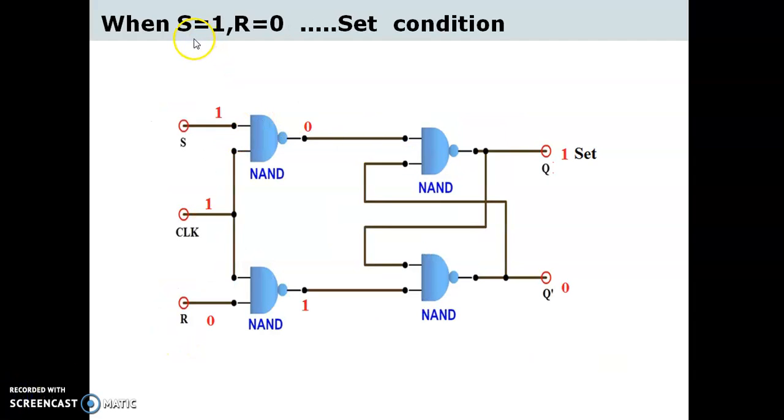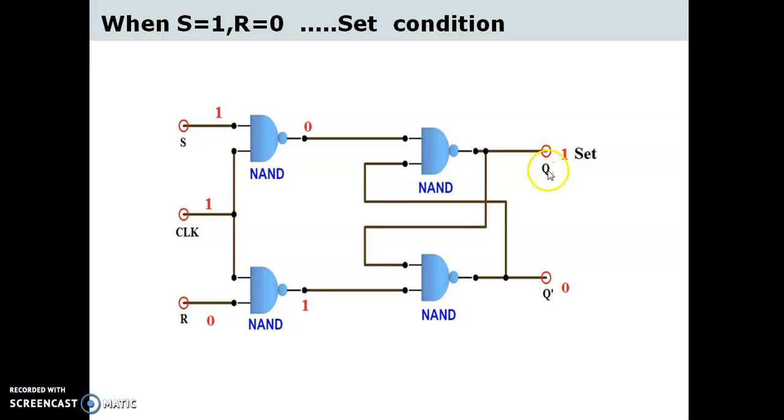Now consider the next condition, S equal to 1, R equal to 0. For 1 1, the output of the first NAND gate will be 0, whereas for 1 and 0, the output of the second NAND gate will be 1. So again if you refer to this SR latch, for this 0 and 1 input, the output will be 1 and 0.